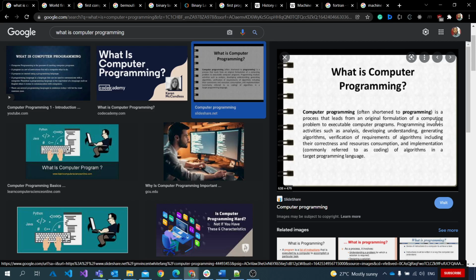For example, here: the original formulation of a computing problem to executable computer programs. Programming involves activities such as analysis, developing understanding. If you don't understand what analysis is, just Google that and go into more depth.